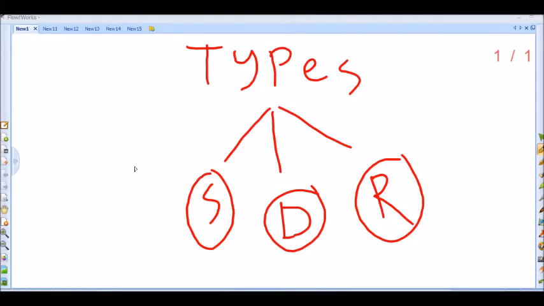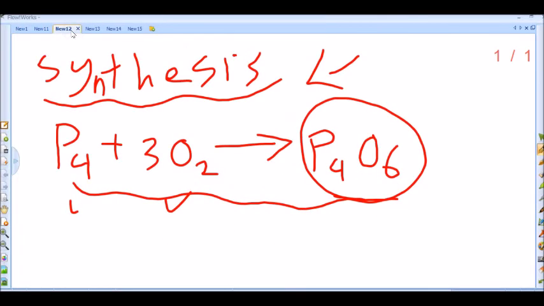Here we have three types of chemical reactions: synthesis, decomposition, and replacement. So try to map your mind to remember the three types of chemical reactions as I did now in front of you in this diagram. Here we have the first type, which is synthesis, when we add two or more chemical substances to each other to form a new, more complex chemical substance.